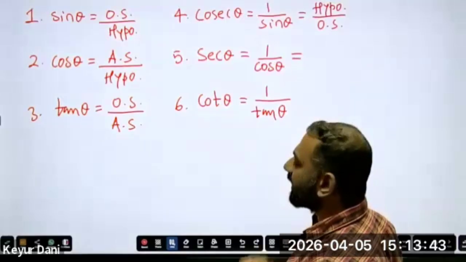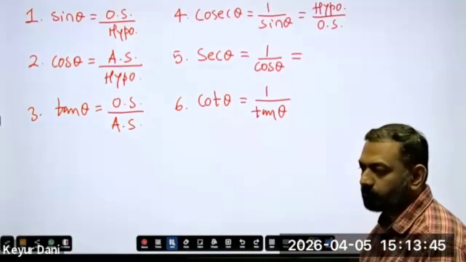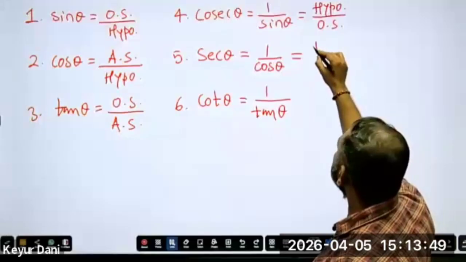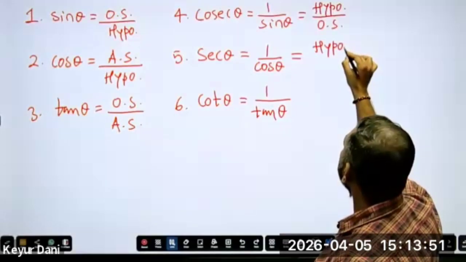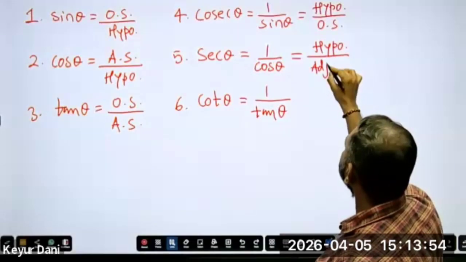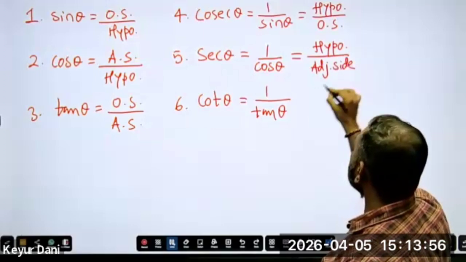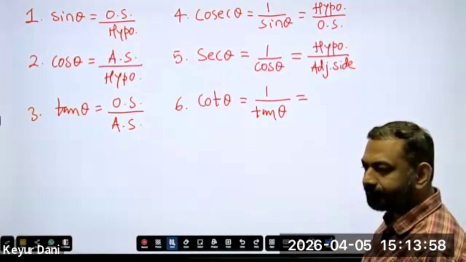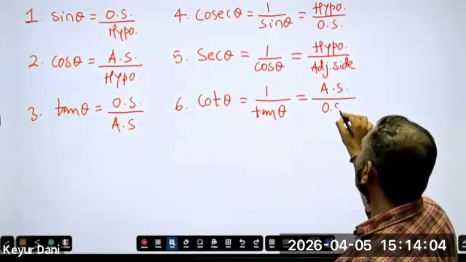Similarly, can you tell me what will be sec theta? Hypotenuse upon the adjacent side. Perfect. What about cot theta? Adjacent side upon the opposite side. Exactly.